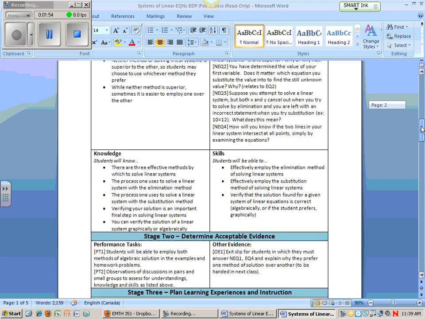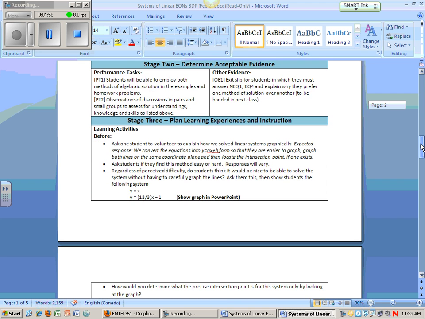So what we did in our lesson is, I had a PowerPoint, and I asked students to volunteer to explain how you actually solve a system of linear equations with a graphing method. Then I asked them to say if it was easy or hard, if they liked doing it, or if they wanted a different way.